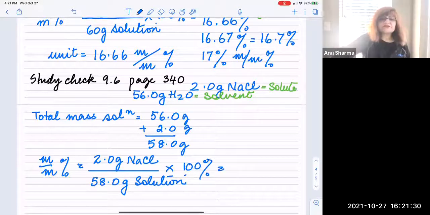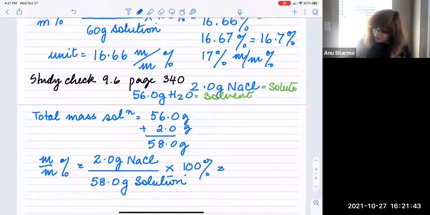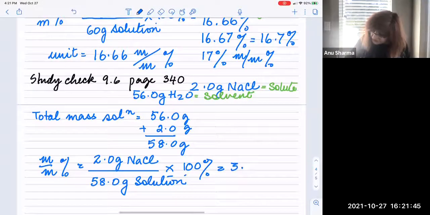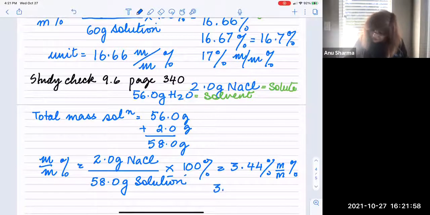Okay, so let's see what you get here. So the answer is 3.44% mass by mass percent, and you can also write it as 3.44 or 3.4 mass by mass percent.